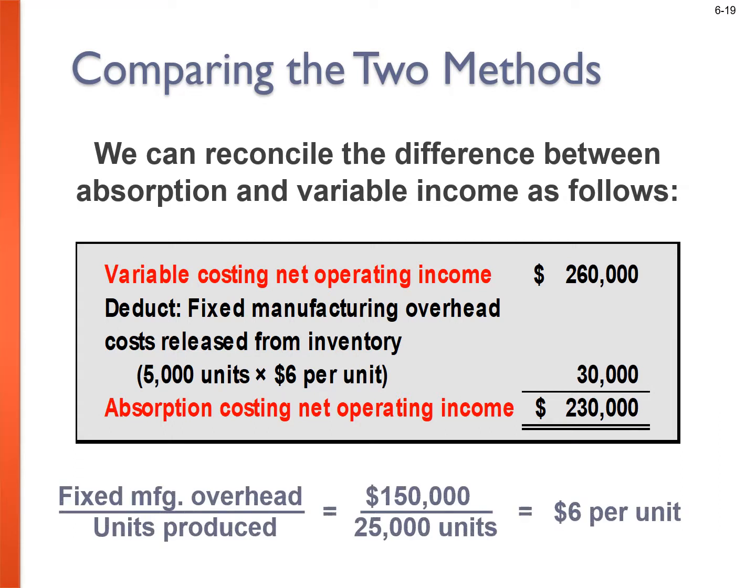Now when we reconcile, variable costing net operating income is 260,000. This year we added an additional 30,000 to get our absorption costing net operating income. So when we have inventory, we add it to our variable costing net income to get our absorption costing net operating income.